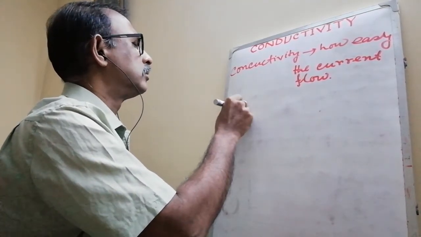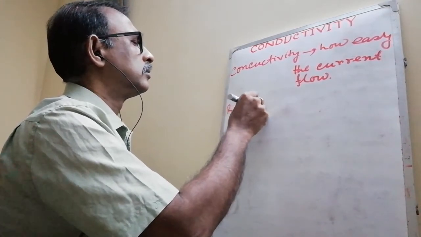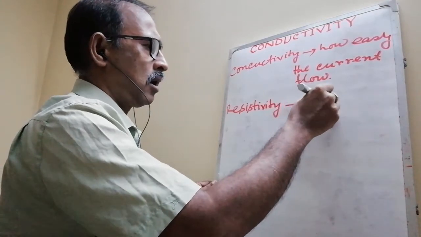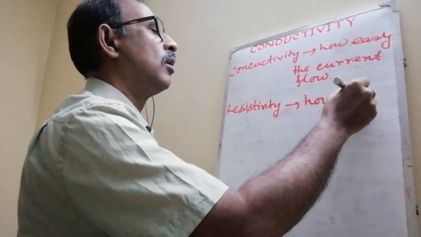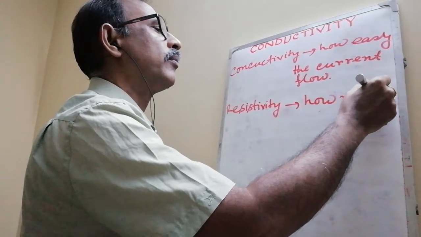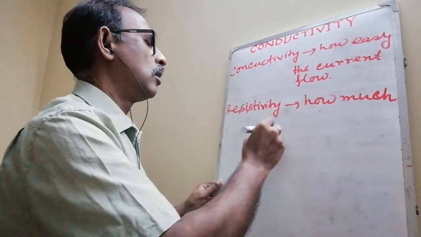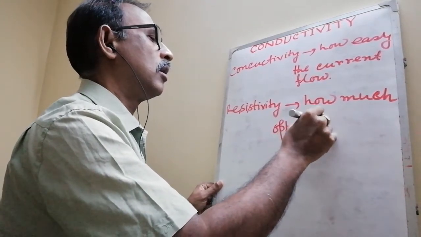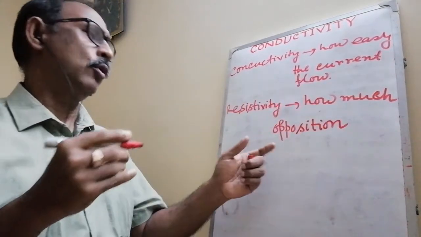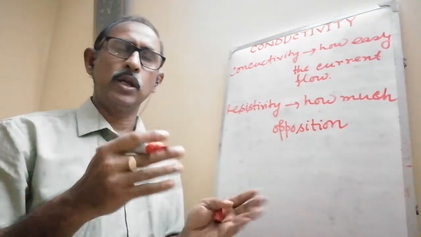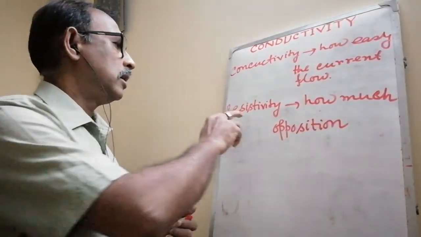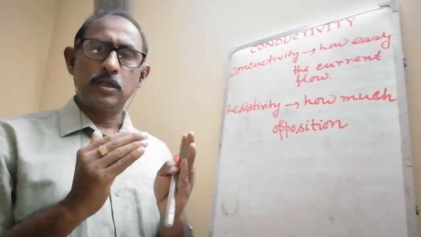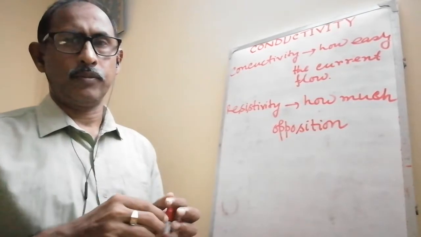Resistivity means how much opposition, how much amount of opposition is offered by the conductor. That means resistivity and conductivity are just opposite to each other.